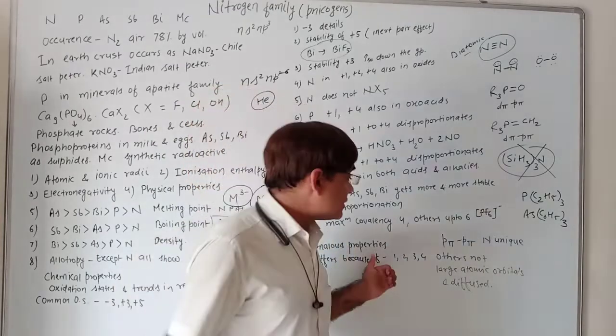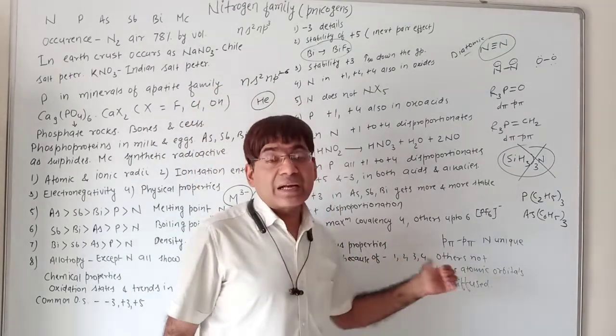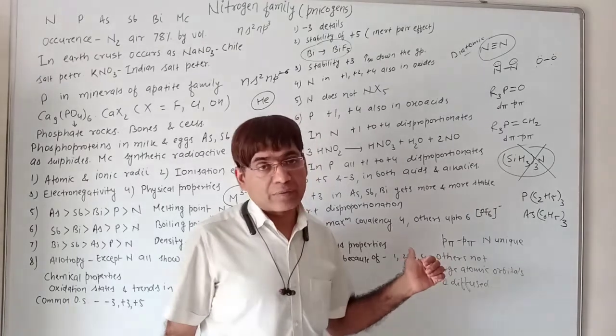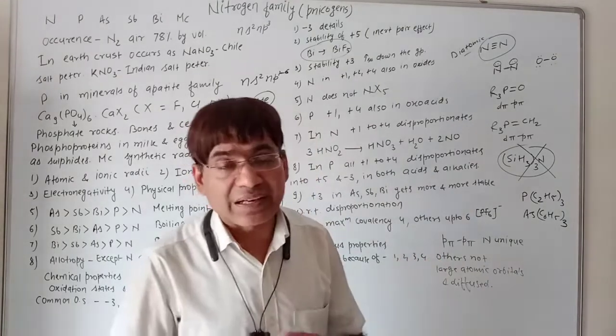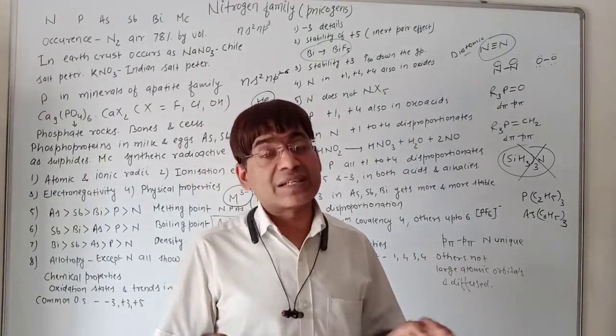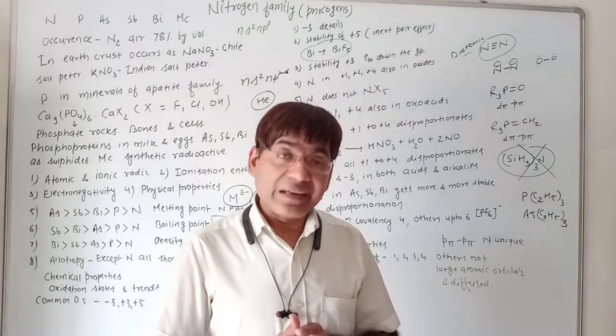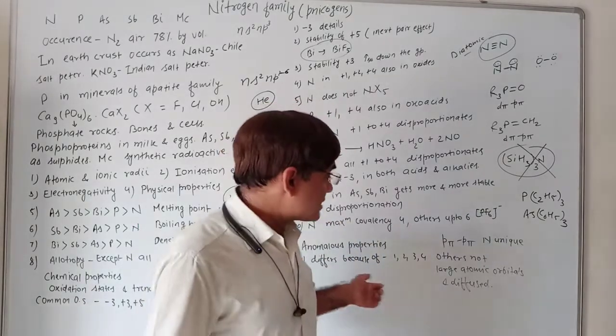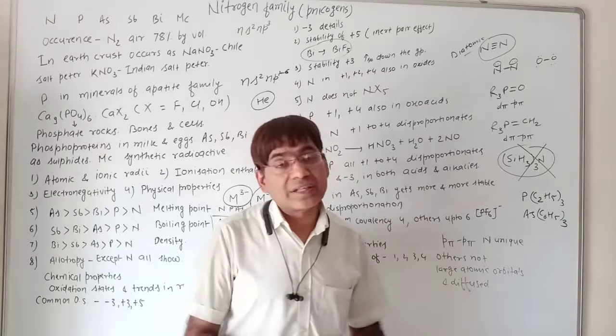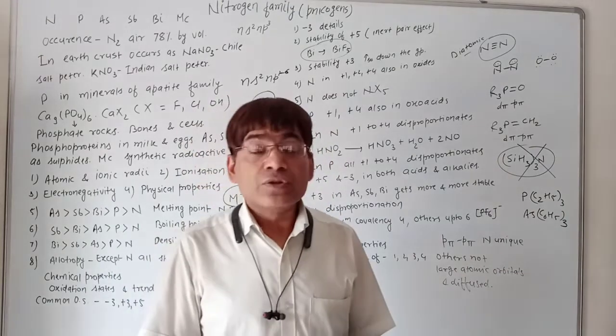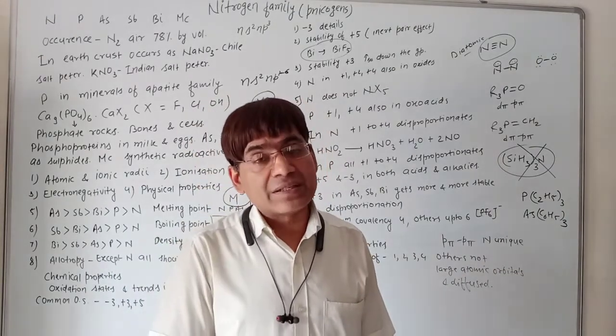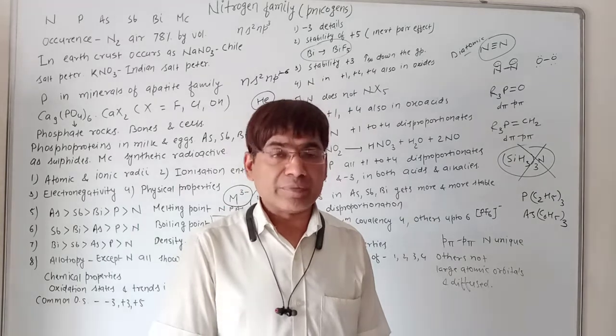The other group members are unable to form p-pi bonds because of their larger size. Because of their larger size, their atomic orbitals are larger and more diffused, so effective overlapping is not possible with other group members.